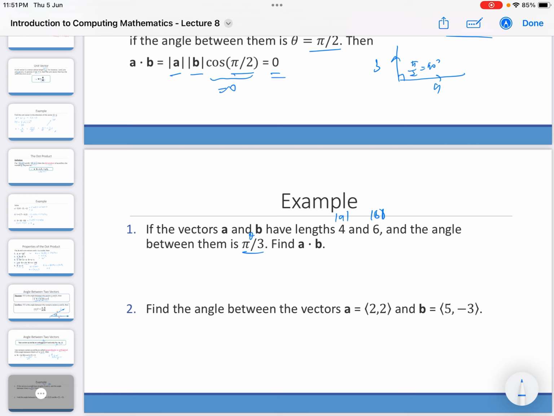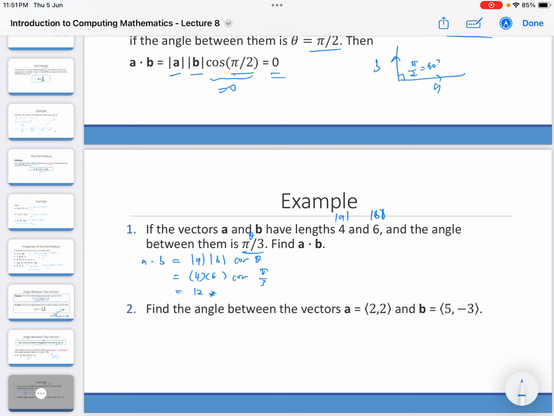Find A dot B. So from the formula, A dot B equals magnitude of A times magnitude of B times cos theta. So this equals 4 times 6 times cos pi over 3, which equals 12. So A dot B equals 12.